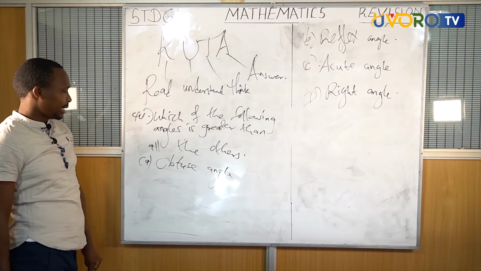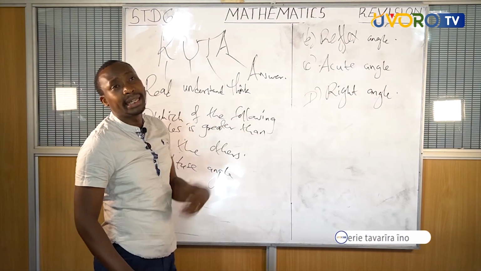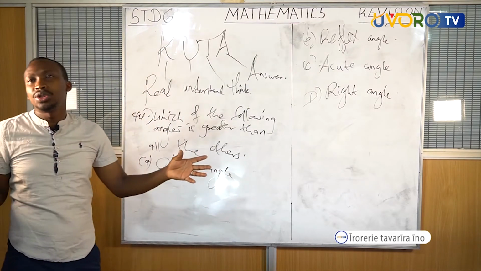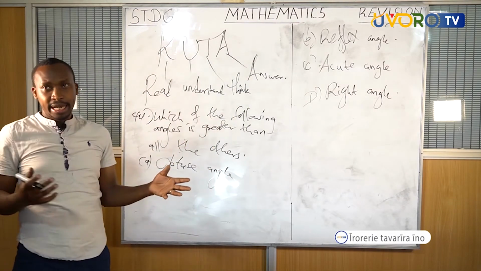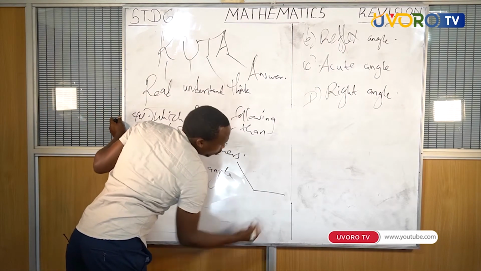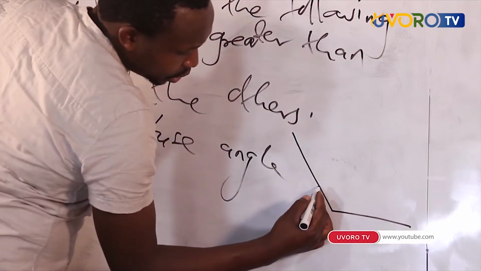Obtuse angle. Let's start with A. We talked of this in class 5. Obtuse meaning it is posing. It was standing, but it has posed. So it looks like that.